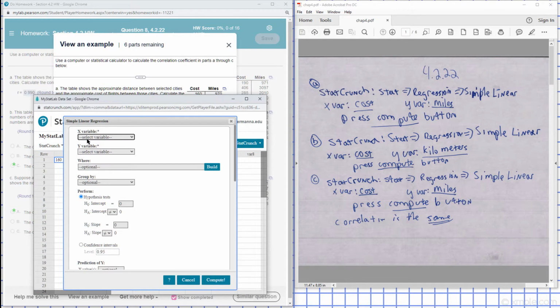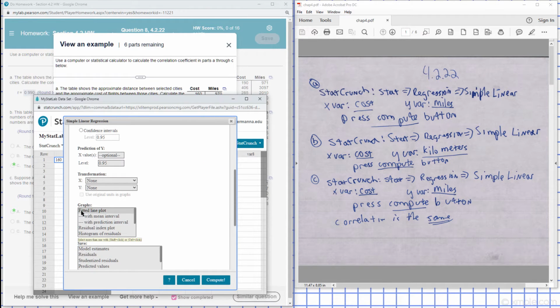X variable is the cost. The Y variable is miles. And then we can press Next.